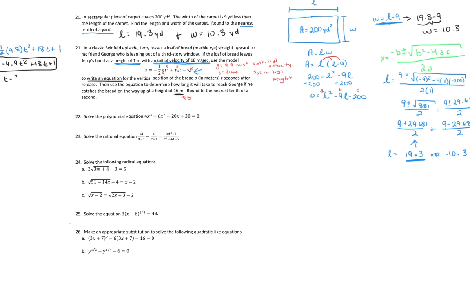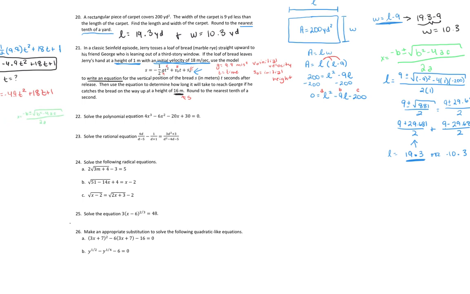So if we know S is 16, and we know all of this information, plus 18t plus 1, and we want to know what t is, how would we go about solving that? Well, the easiest way is probably just to plug it back into the quadratic formula, which I am just going to copy from over here and bring it over here.